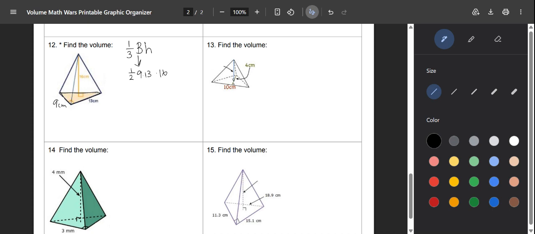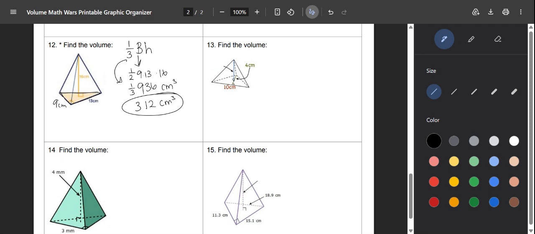That gets us 936 centimeters cubed, but don't forget, we have to take 1/3 of that amount because it is a pyramid, not the full prism. So 1/3 of 9 is 3, 1/3 of 3 is 1, 1/3 of 6 is 2. 312 centimeters cubed. Okay. 13 is one we do together.